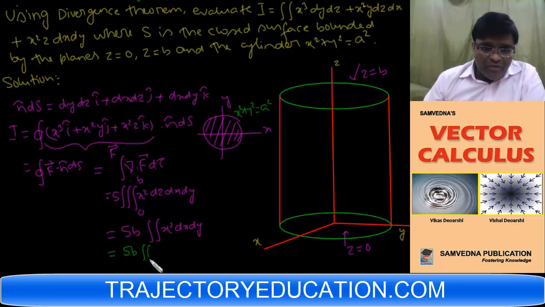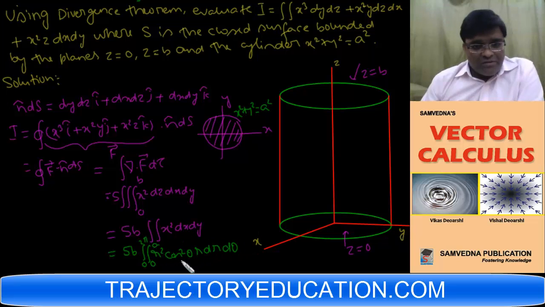So this converts to r square in polar coordinates. In plane polar coordinates, x is r cos theta, so x square will be r square cos square theta, and this dx dy will be r dr d theta.